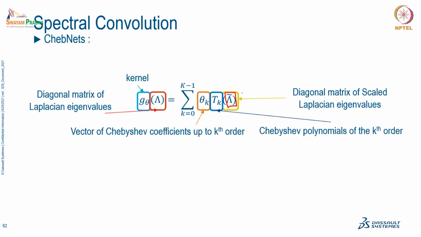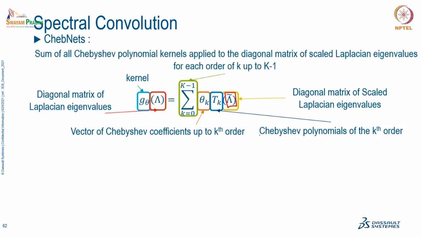It depends upon the size of the graph, the size of this matrix, and that is multiplied with the Chebyshev coefficients, or you can say polynomials, and aggregated for the order of the polynomial that is used. For example, second order, third order, fourth order. So there is no limit for Chebyshev nets on the order of the polynomial. You can go up to n order polynomials.